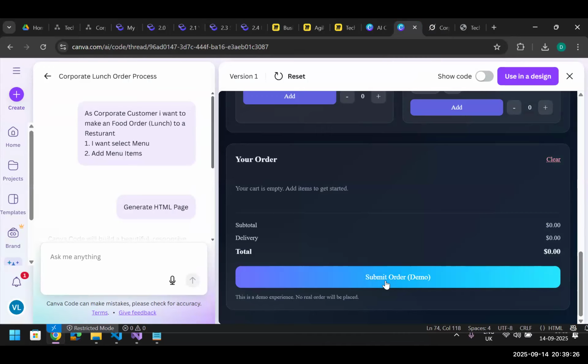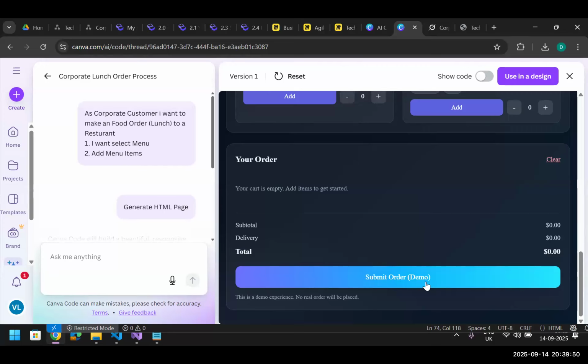Maybe I'm using a technical word, the first time I'm using this technical word, API, application programming interface, with which it will connect to a database, maybe a SQL Server database or Postgres database, or MySQL. There are many databases, and the database will be connected and store the information.